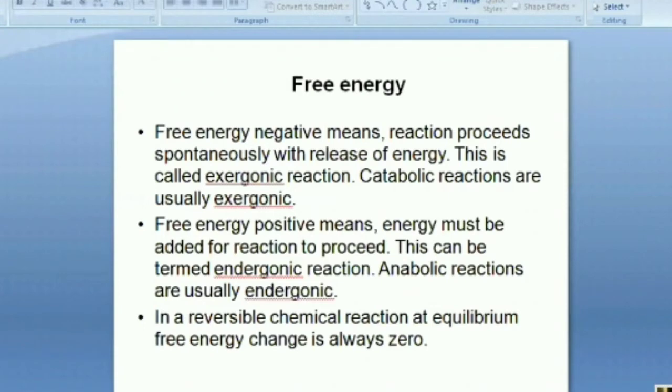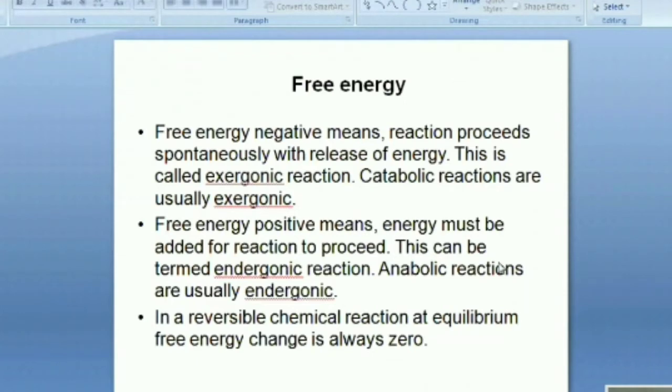Am I clear? Then free energy, negative, positive, you should understand this, as you are not first year students, but second year students. Exergonic reactions, endergonic reactions. Reactions that are accompanied with release of energy are called exergonic reactions.